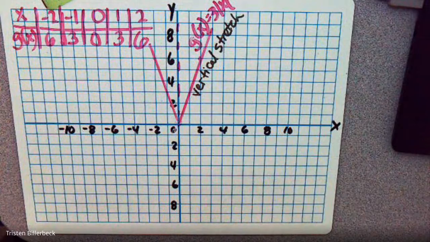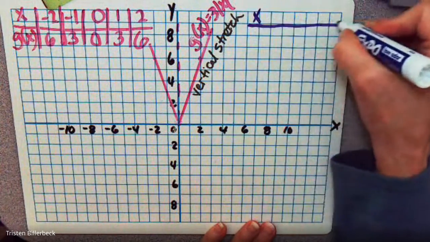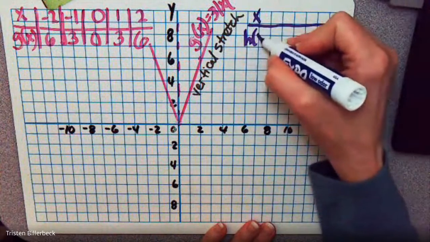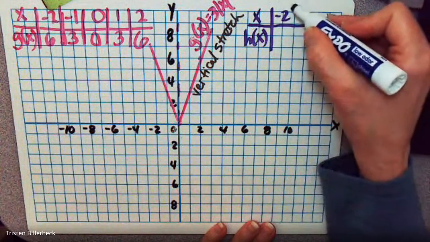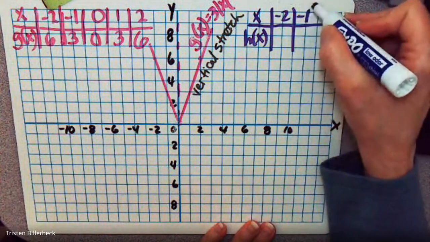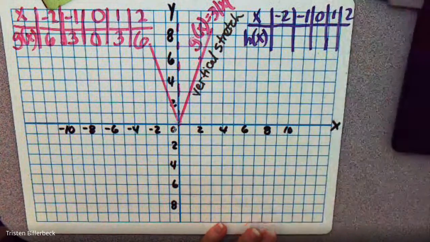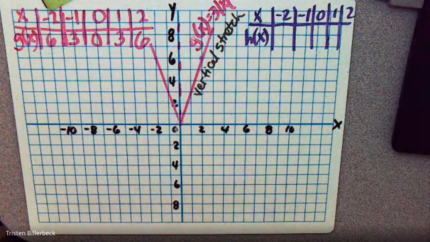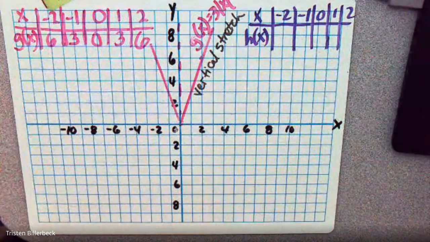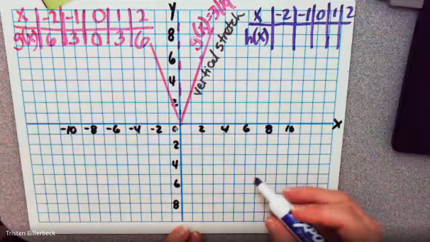Okay, so now let's do h of x. So we have x and h of x. So this, we're going to start with -2, -1, 0, 1, 2. Okay. Oh, maybe not. Now, one thing in math is, though I usually do that, let's look at what is h of x.